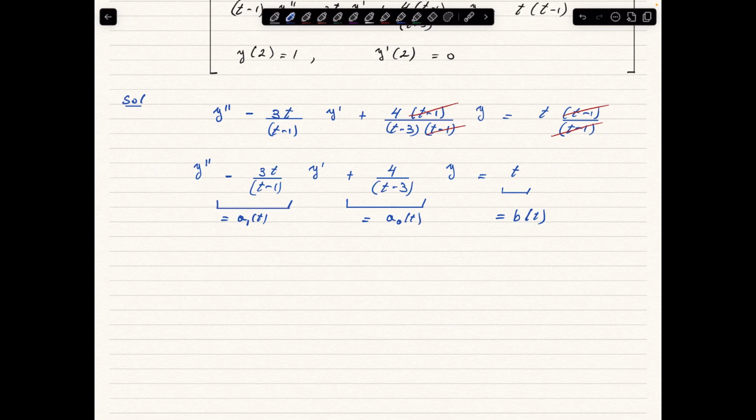So the equation has continuous coefficients. The coefficient when the second derivative is multiplied by 1 has continuous coefficients on the interval, the whole real numbers minus the point 1 and the point 3, minus these 2 points.